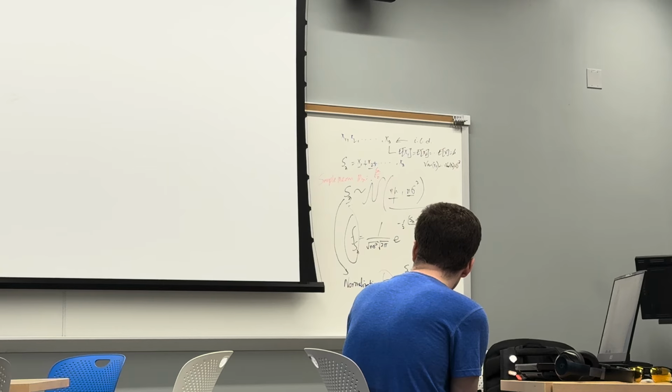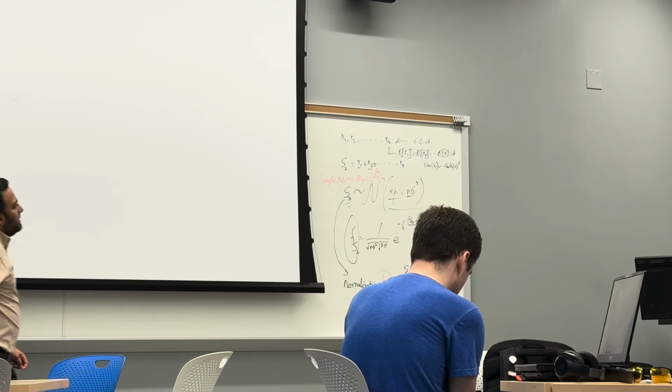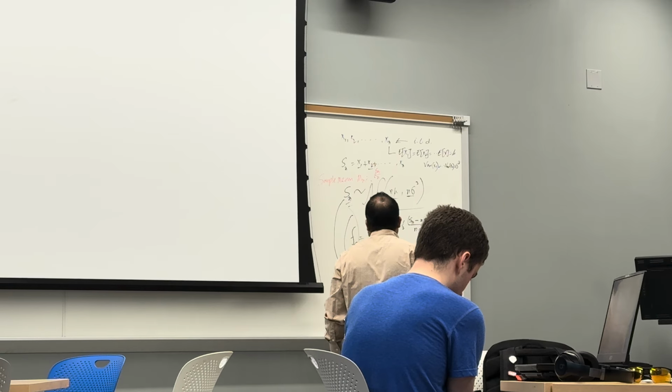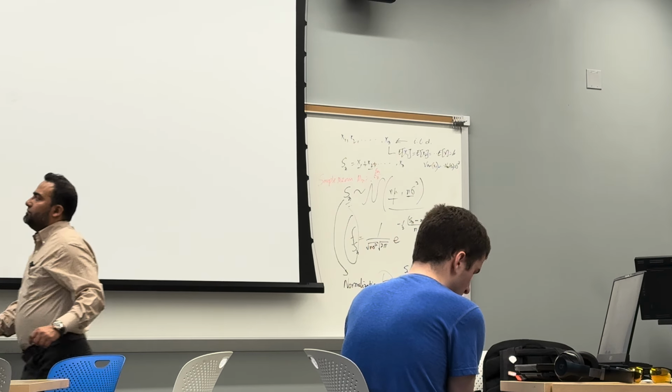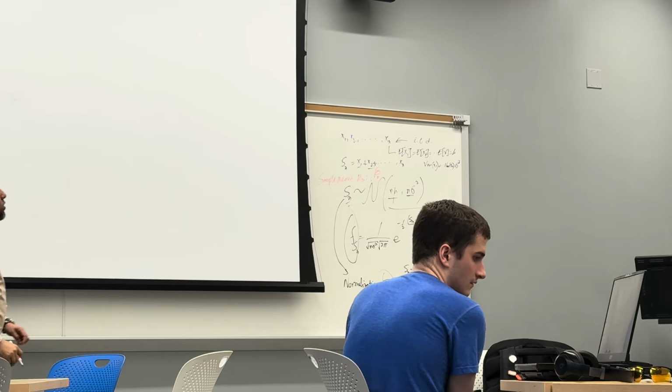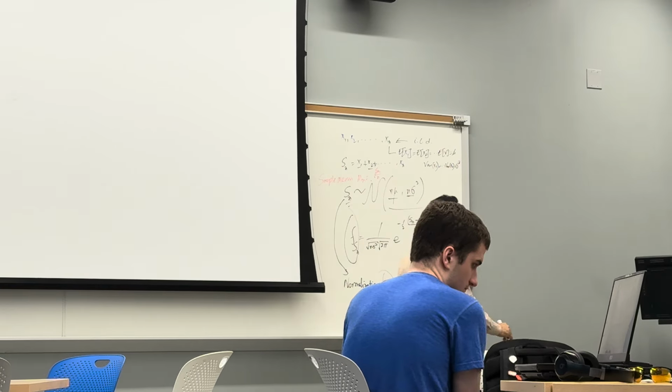The variance is going to be sigma squared over n. And that's exactly what I have in my slide.